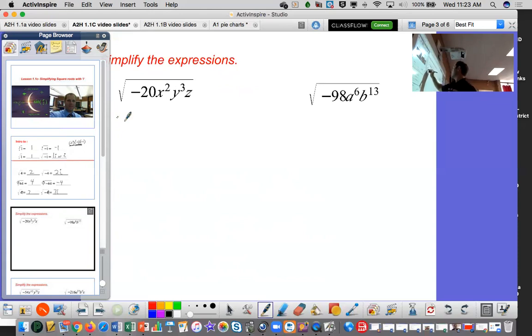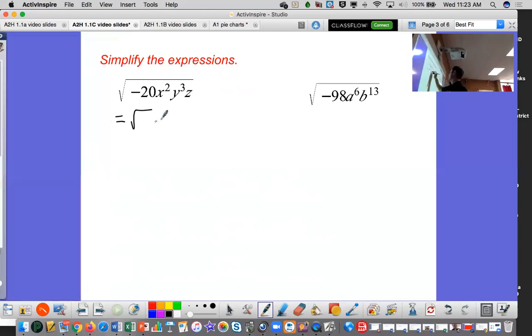So here we'll start off with two numbers that multiply together to get us -20. And I'm going to choose -4 and 5 because -4 is a perfect square, but we'd have to use i to simplify it. So this would be 2i on the outside, square root of 5 on the inside. And again, I left my space for my variables. I'm going to take out my pairs for my perfect squares.